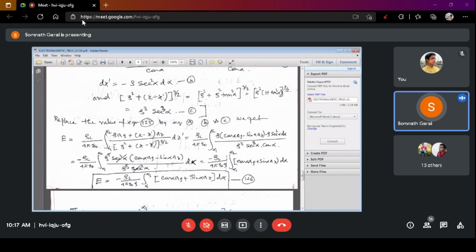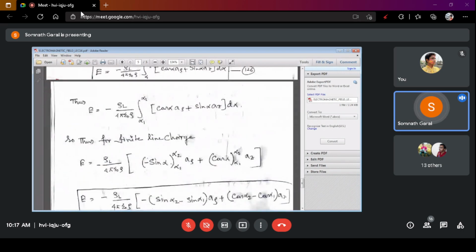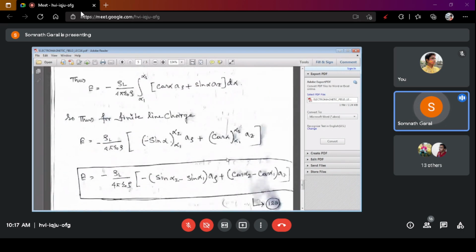Now we move to a special case. So we have to calculate the electric field intensity of an arbitrary point P with a line charge A to B which is situated in the z direction.